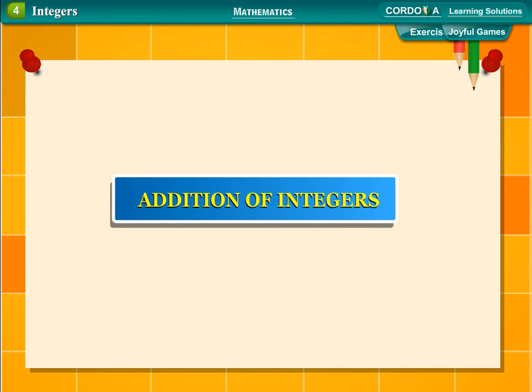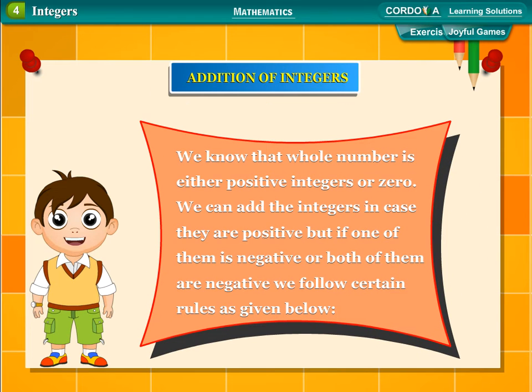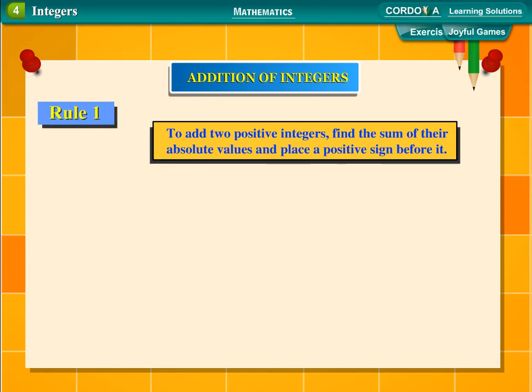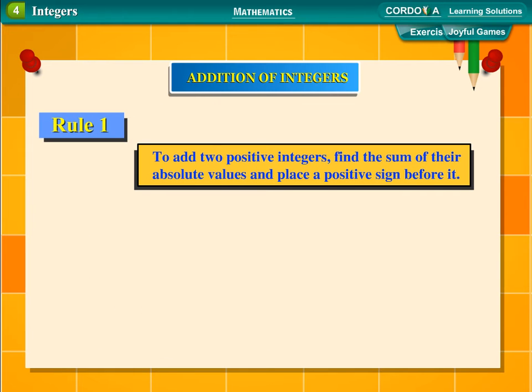Addition of integers. We know that whole number is either positive integers or 0. We can add the integers in case they are positive. But if one of them is negative or both of them are negative, we follow certain rules as given below. Rule 1: to add two positive integers, find the sum of their absolute values and place a positive sign before it.